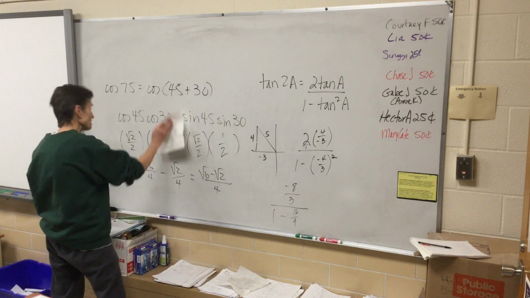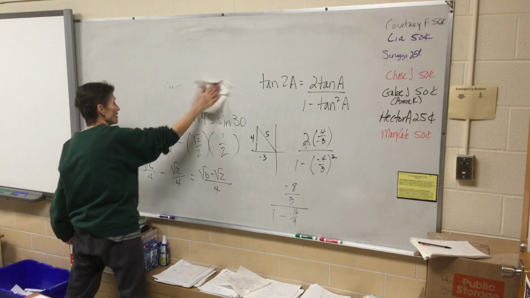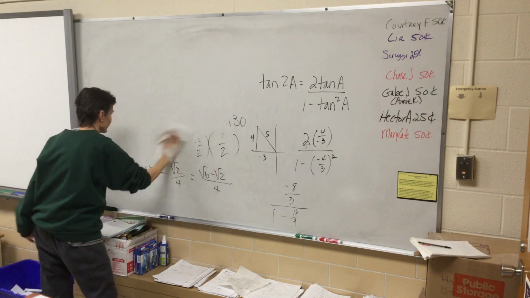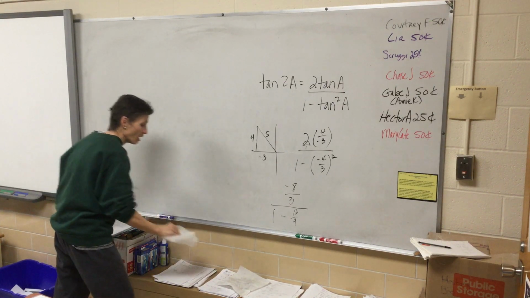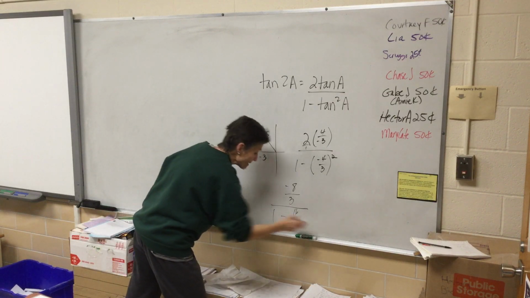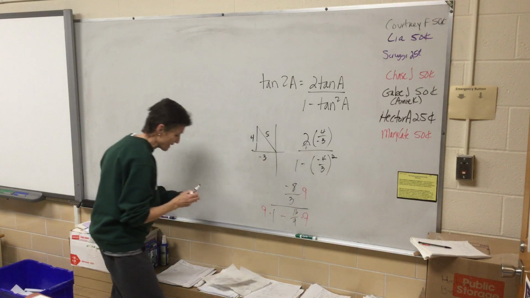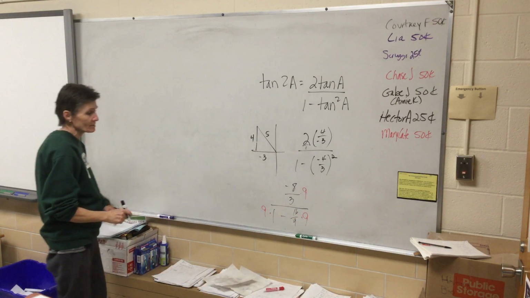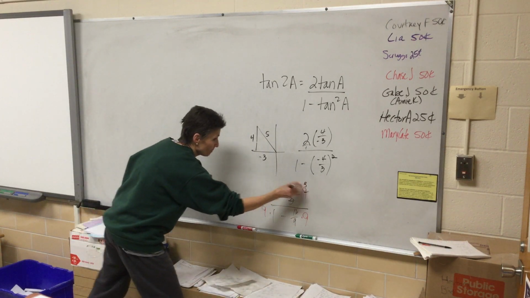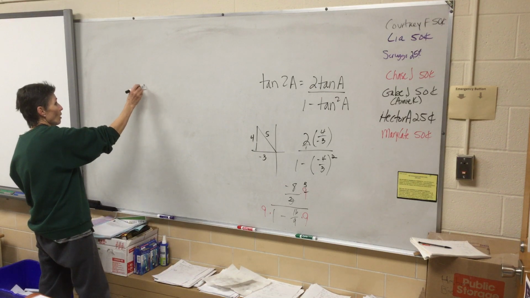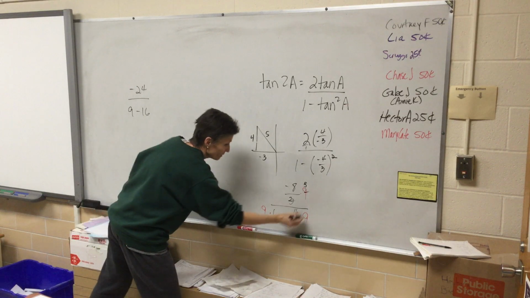Now, at this point, it does not make any difference how you simplify that. You're going to have to simplify it one way or the other, so do whatever you're comfortable with. I'm going to multiply everything by 9 because then I don't have to worry about getting common denominators. I'll end up with negative 24 on the top and 9 minus 16 on the bottom.